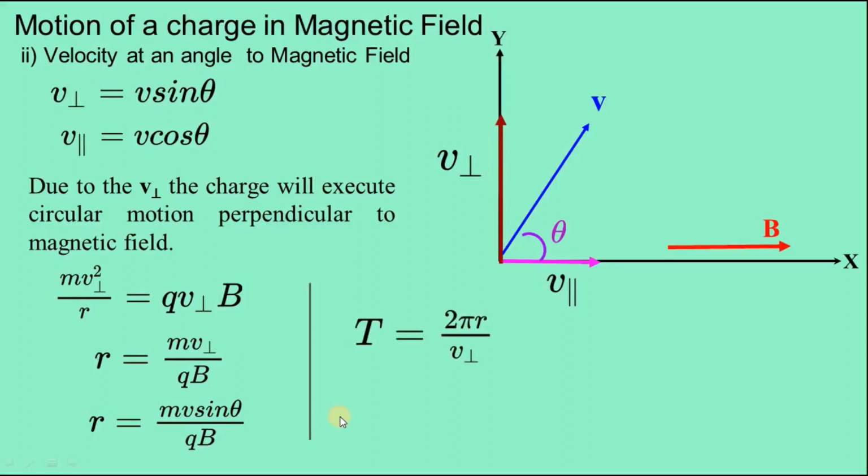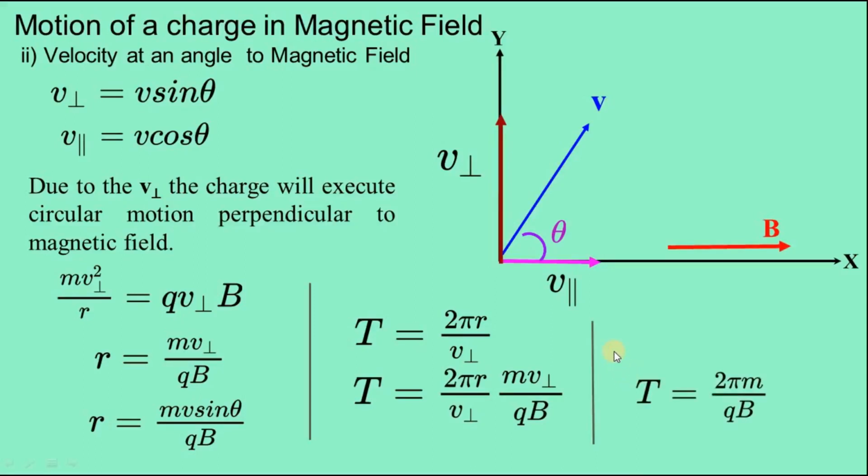The time period is given by 2 pi r by v perpendicular, and substituting for r we get T equal to 2 pi m by qB. So this is the time period of the particle as it executes circular motion in the magnetic field.